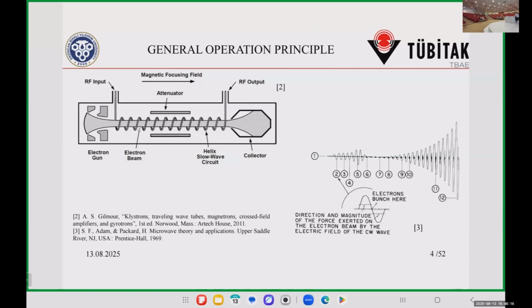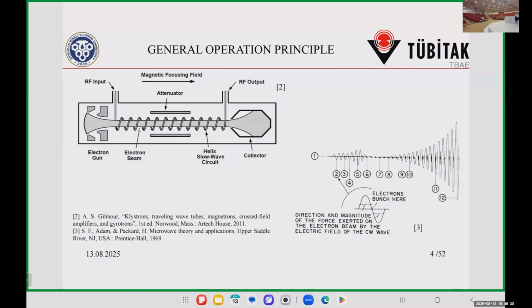So for the interaction process in the SWS, the slow wave structure, this interaction results in an amplification process, since the energy of electrons is transferred to the electromagnetic wave.